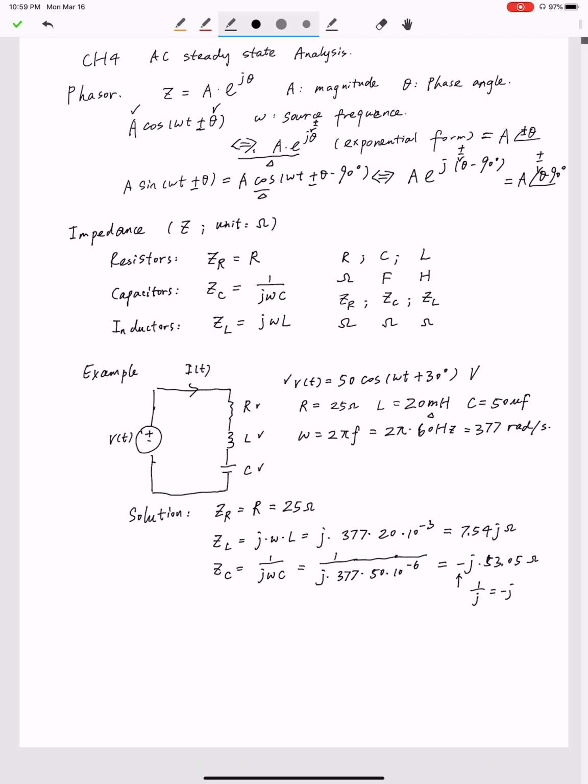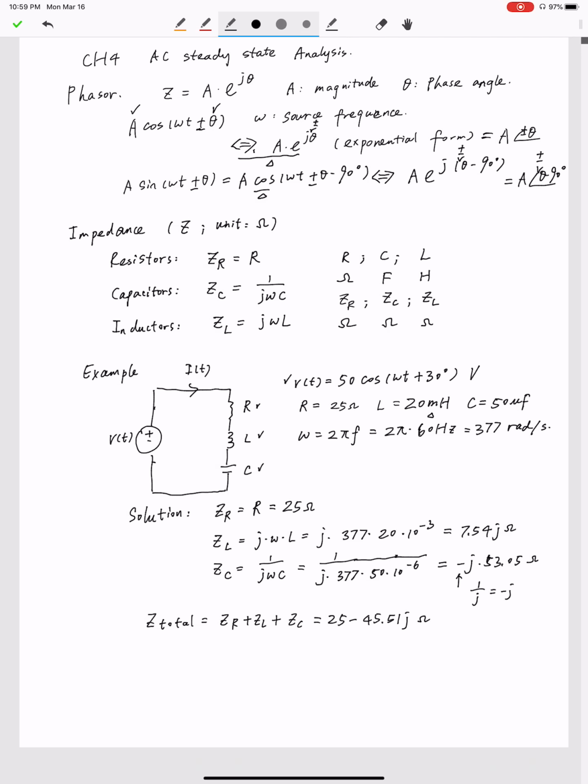Okay. Right, so after we have the impedance of all components, we can combine impedances just like resistors. All components, as you can see, are connected in a series connection, right? So the total impedance can be calculated by summing all impedances together, and that equals 25 minus 45.51 J, and the unit is ohms.